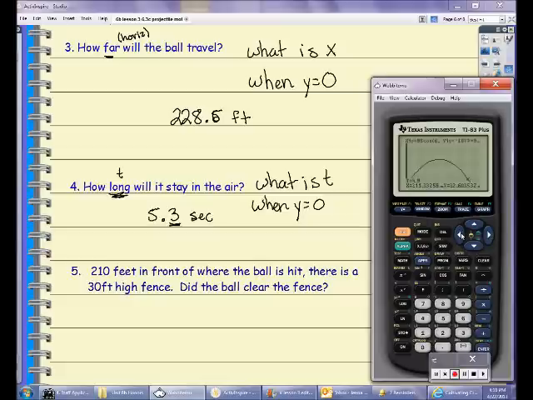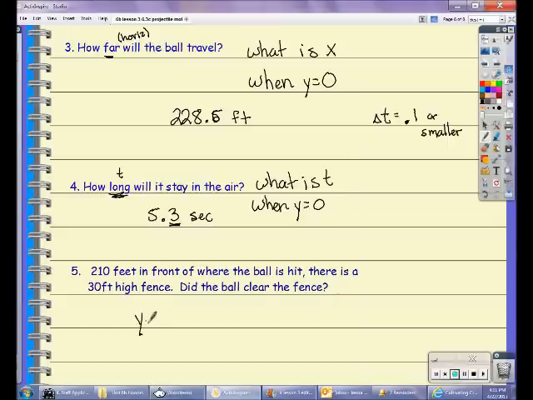Oh, there was 211, 207. So around there, how high was that? 39, 32-ish. So, in between 39 and 32, we've crossed over a wall that was 30 feet high. Did it clear the fence? Yeah, that's higher than 30 feet.